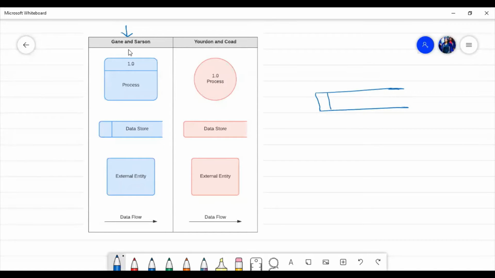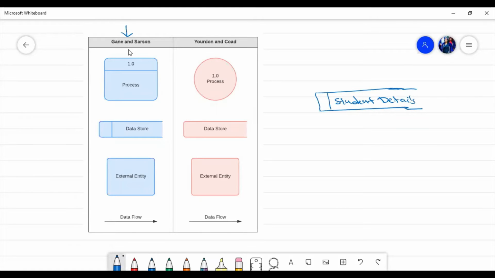The idea behind this is that we can't limit the data store, meaning it can be upgraded and can grow daily. So we can't limit it by putting a line here. Let's say this data store is storing student details.